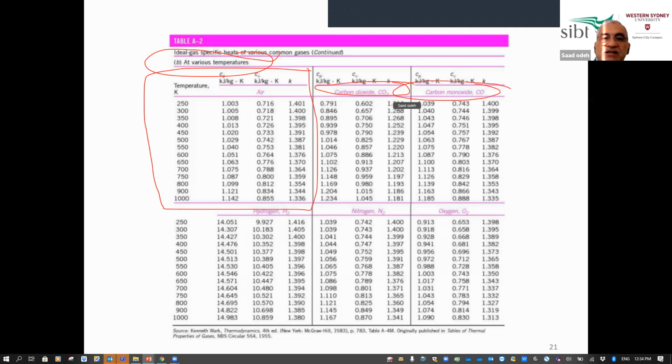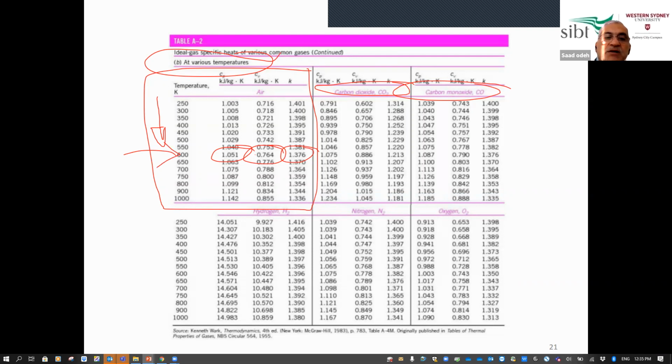So you take the table for your gas. If we are working with air, you take the first table and find the temperature that you are working at. Then at that temperature, you can find all the values for CP, CV, and K if you want K. But it depends on what temperature you are referring to.